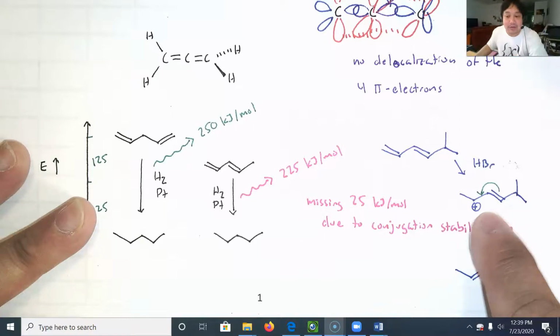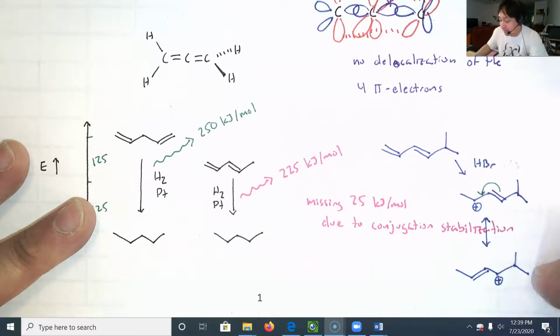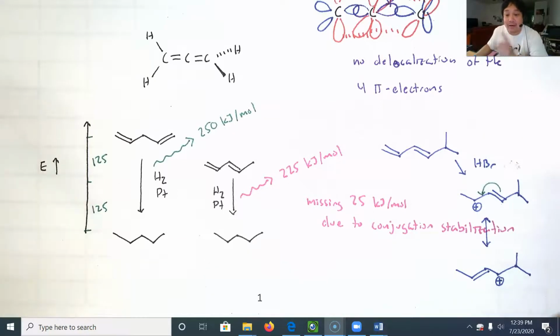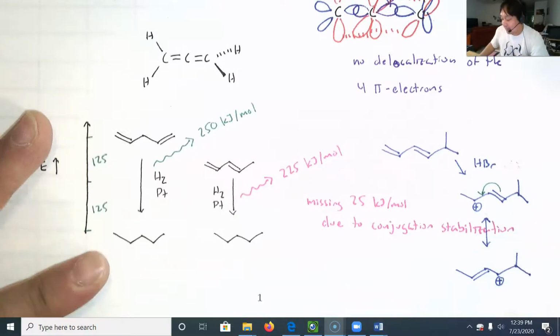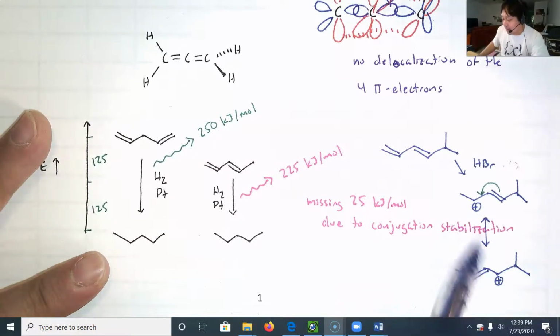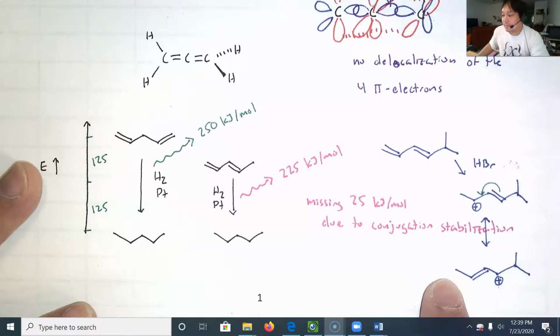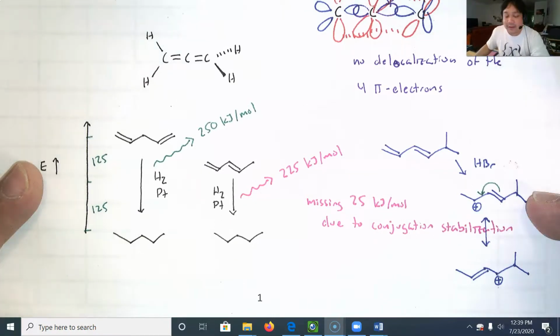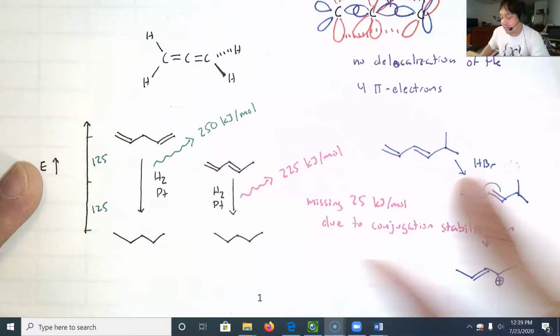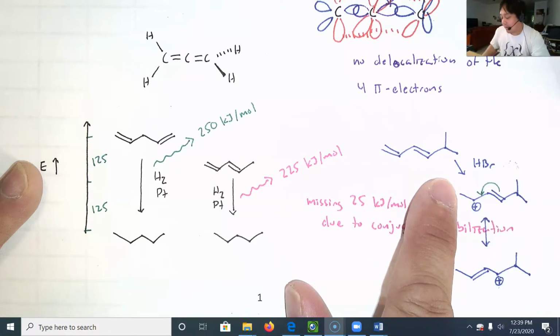And due to that sharing of electrons, we have now two possible intermediates to draw my alkyl halide. Or better yet, my allylic halide. Right? If you put the bromine here, wouldn't that be allylic? And if you put the bromine here, wouldn't that be allylic? I feel like we've seen this before. Definitely talked about allylic carbons and their stability. But anyway, in the next video, we're going to talk about this addition reaction. And we are going to get mixtures.